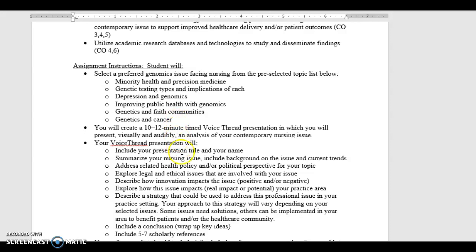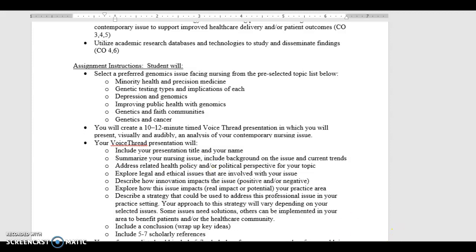Make sure that it has a title and your name on it, okay. Summarize the nursing issue, include background on the issue and current trends, any related health policies, legal and ethical issues, how innovation impacts the issue, how the issue impacts practice in the area that you work in or that you wish to work in, a strategy that could be used to address the professional issue in your practice setting.